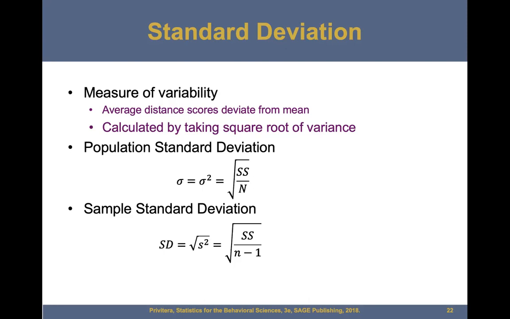We can go over here and type equals STDEV.P of all of these values, leaving out the 512, of course. There's our standard deviation population.